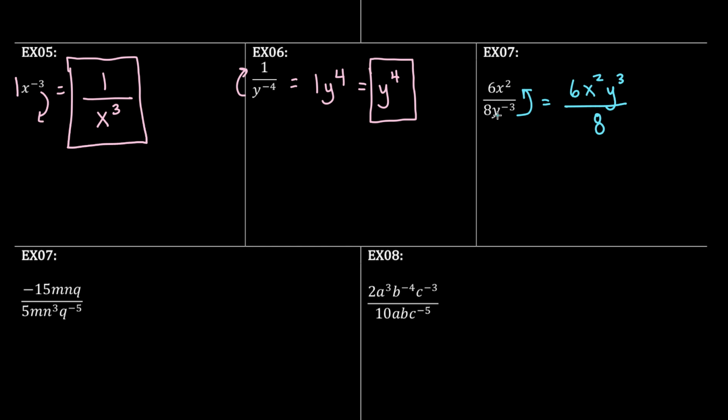You see how that y to the negative third went up top, became positive. So now all I've got to do is simplify this. Divide by 2, and I get 3 over 4. There's 2 x's on top and none on the bottom, so I'm just going to write that. 3 y's on top and none on the bottom. And that is it.